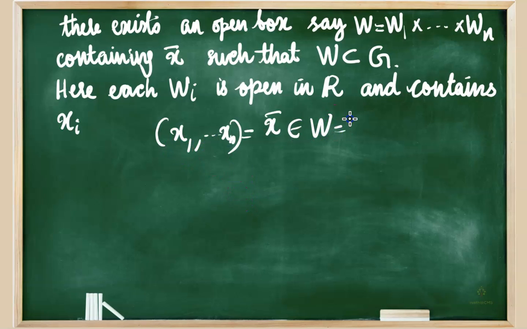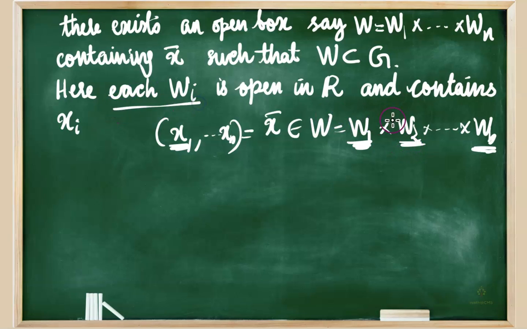Hence, since W is equal to W1 cross W2 cross etc. cross Wn, the first coordinate x1 will belong to W1, the second coordinate x2 will belong to W2, and so on. Xn will be a member of Wn. Hence, we can say that each Wi will contain xi.